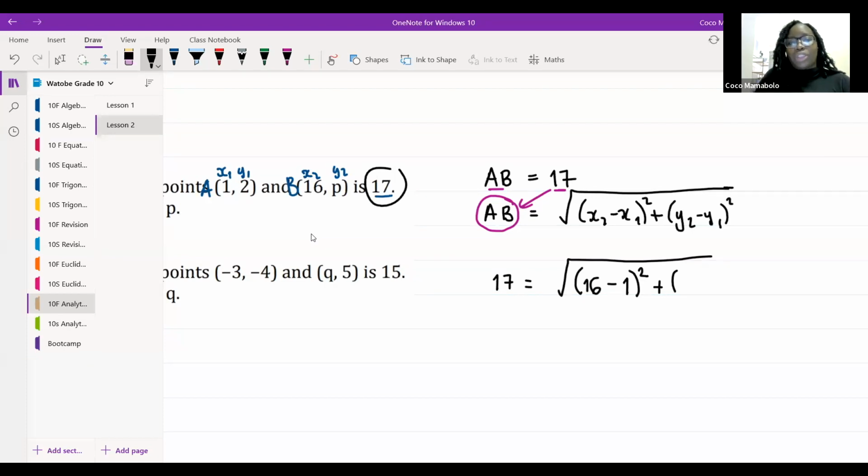If I open brackets, my y2 is called P, minus my y1, which is 2. Close brackets, all squared.